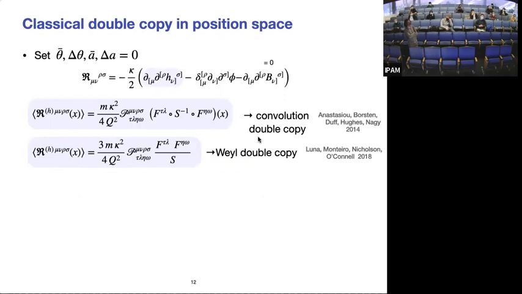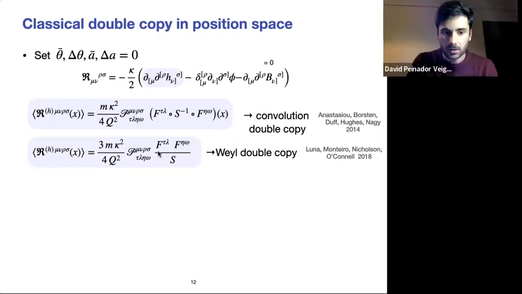Right, but clearly in x space, you made a choice of coordinates, right? Well, yes, we are essentially perturbing around Minkowski, so it would be Cartesian coordinates, although that's probably not necessary.